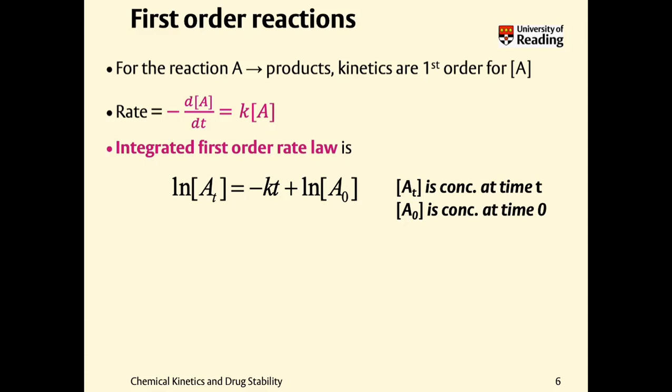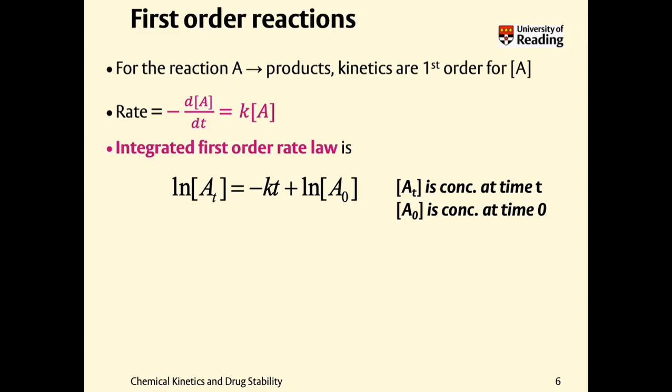That expression there can be integrated. And if you integrate that expression, you'll get an equation where you have the log of the concentration of A at time t. Log here is ln because it is natural log.